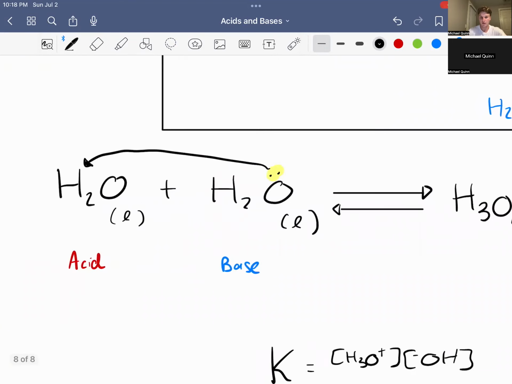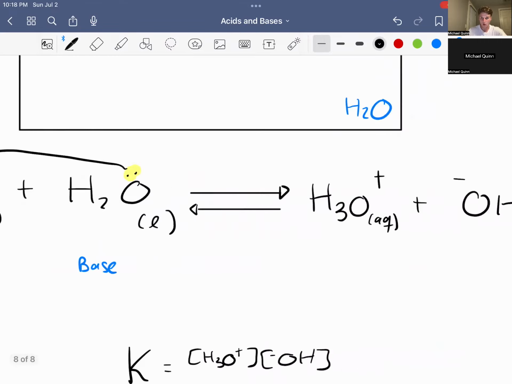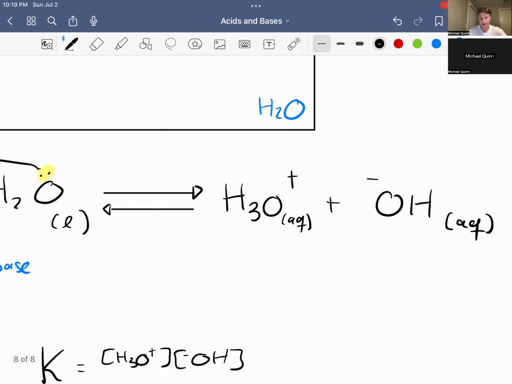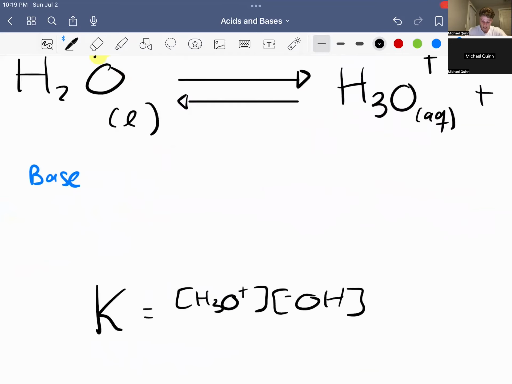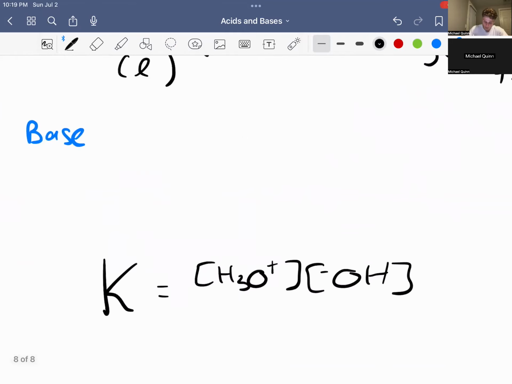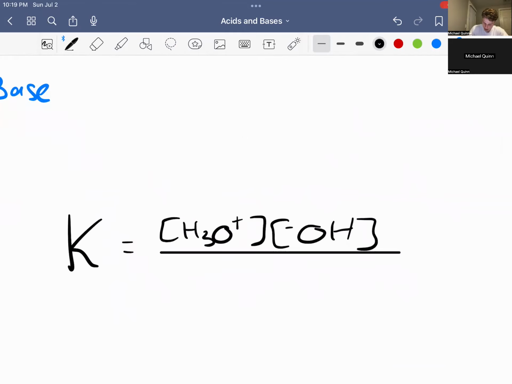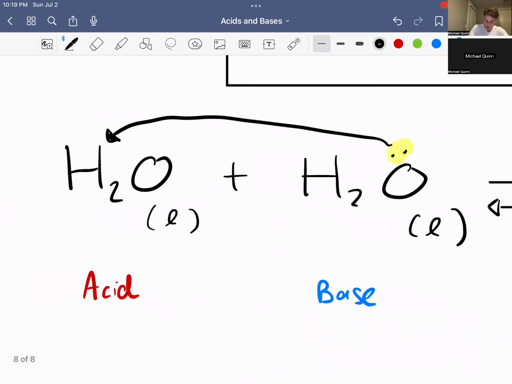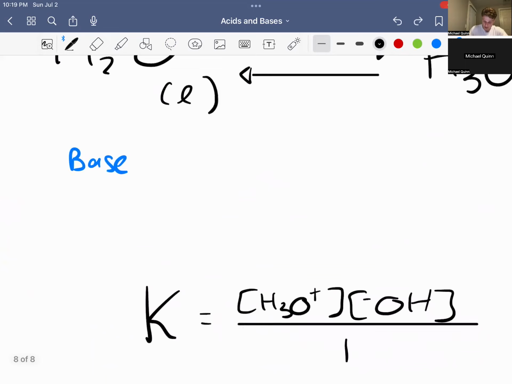Just the solvent itself will never be considered aqueous. But when we convert it into something like an acid or a base, we can consider it aqueous. So we will see H3O+ times OH- technically just over 1 because we will not include these in our equilibrium expression.